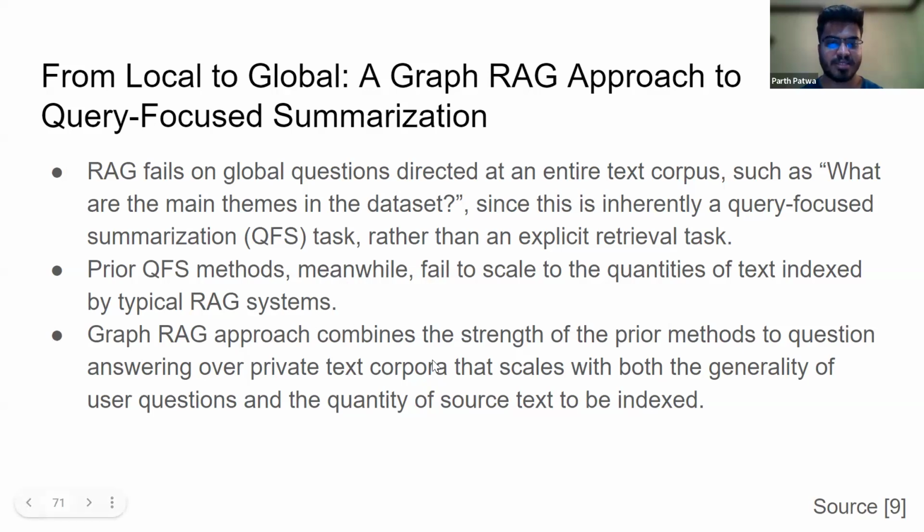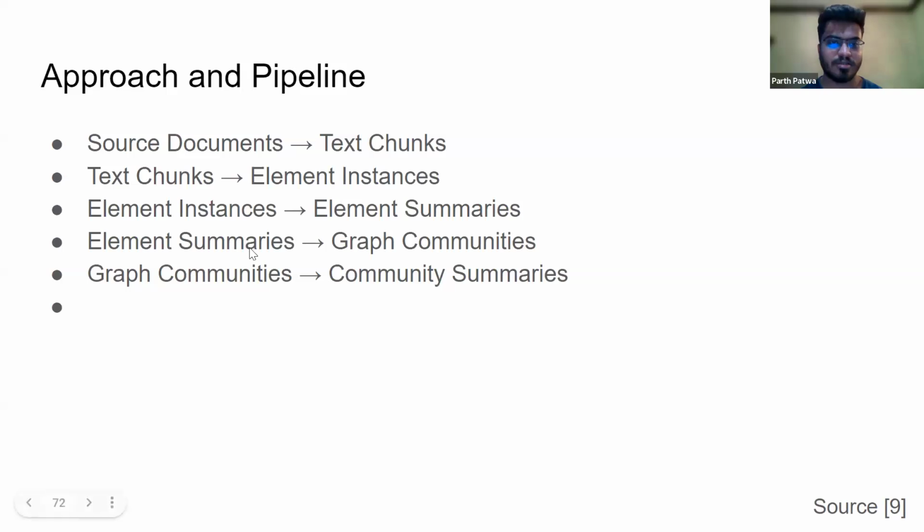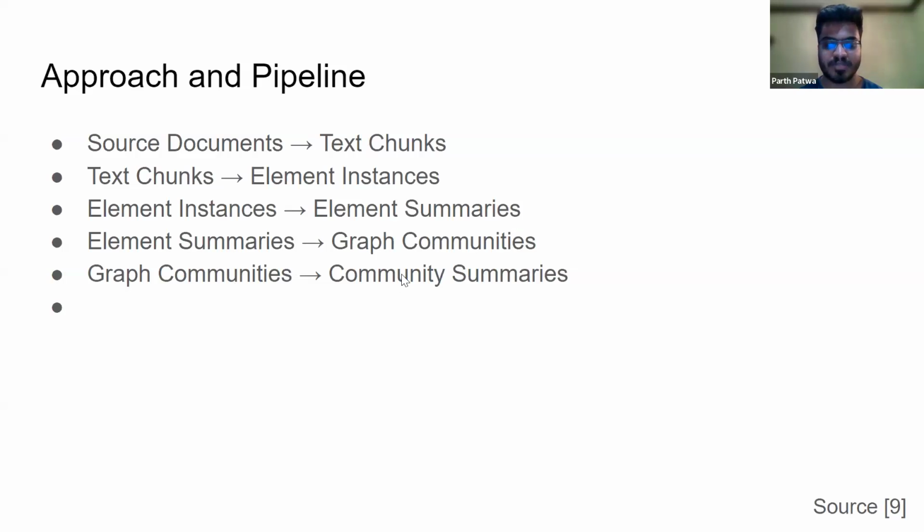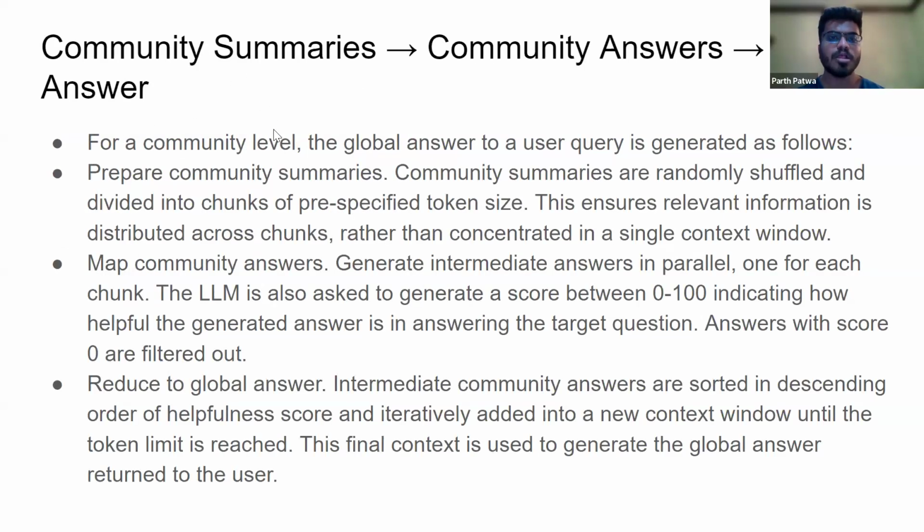So here GraphRAG is combining previous methods with graph, and the exact same process is being followed, which I showed, where documents to chunk, then the summaries, graph communities, and now we have these community summaries. So when a question comes, we retrieve the community summary, then generate an answer based on the summary, and that is used for the global answer.